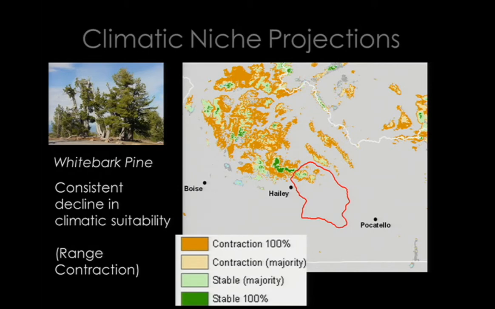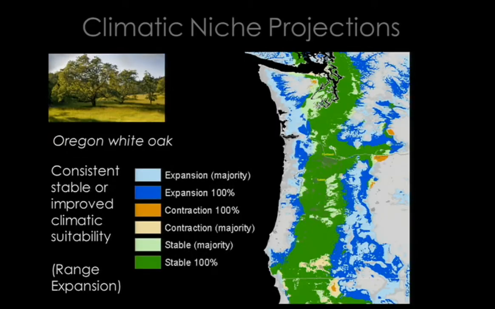The areas in green are currently suitable and expected to remain suitable, so those can be considered stable. And you can see from looking at this pretty quickly that it's mostly orange. So this is a high elevation species. As temperatures warm, the range is expected to contract upslope. So this is not a positive perspective or future for that species.